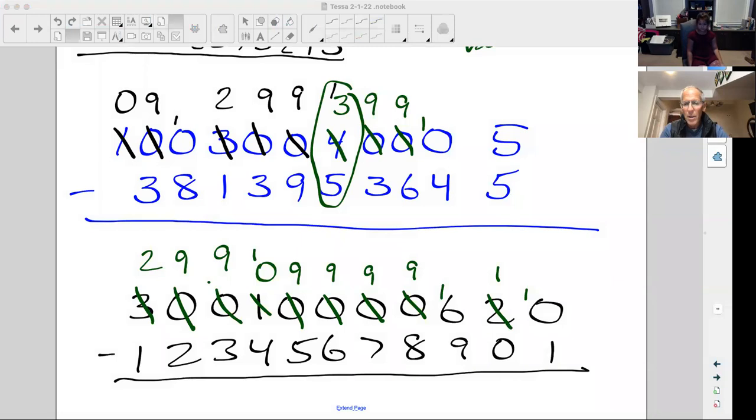Dear Shri and Rick, Tessa is working really hard and she still does not have a mastery of the subtraction algorithm.